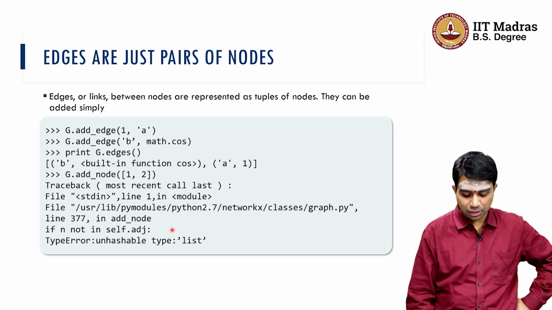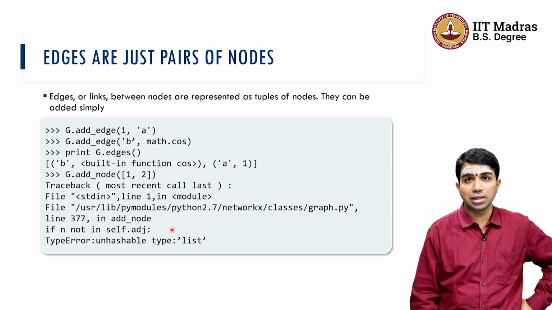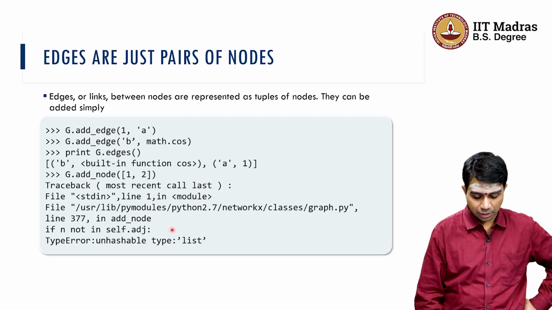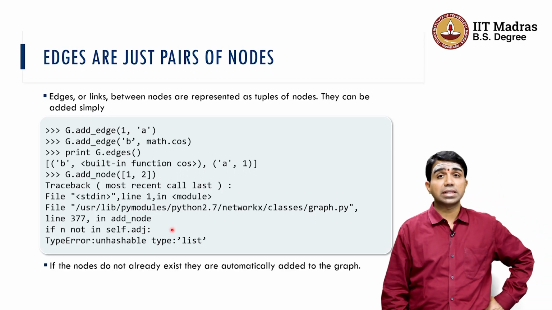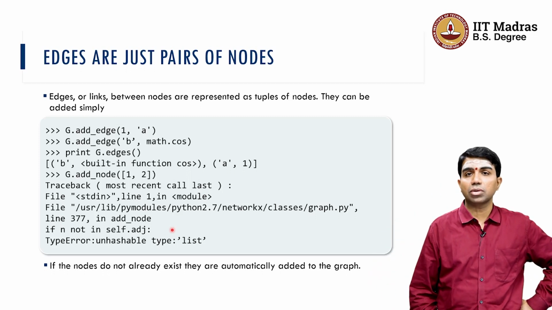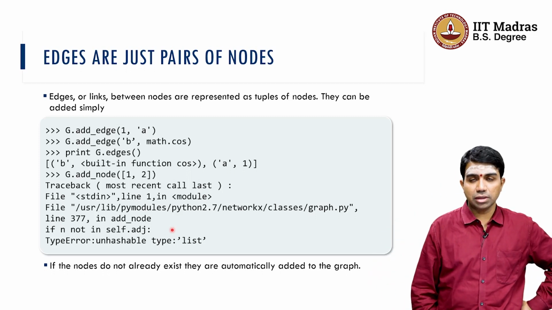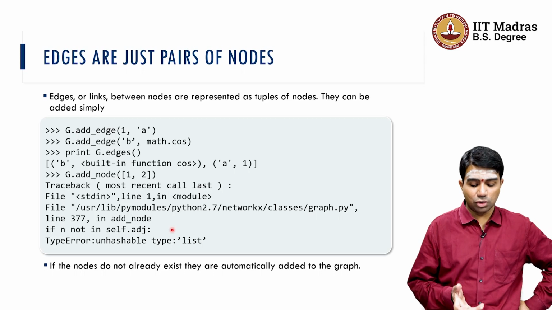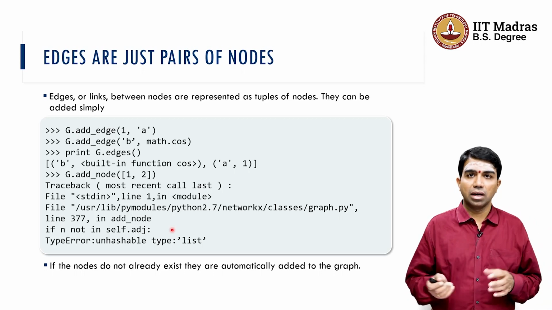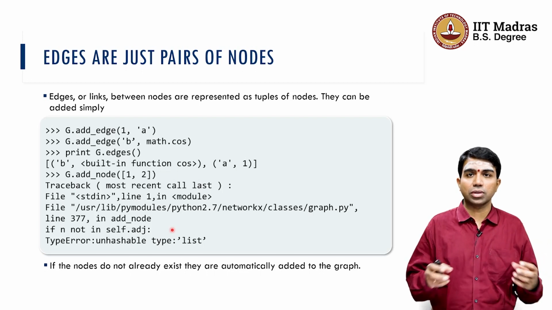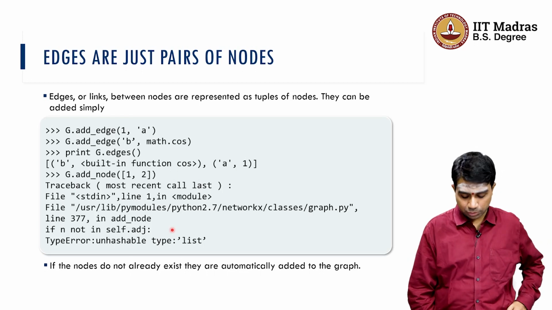So, it throws an error when you try to add a list using the g.add_node function. And if the nodes do not exist in the graph, they are automatically added. So, you do not typically need to use add nodes, you can just use add edge and it will automatically add the nodes to the graph and also connect them as an edge in the graph object.